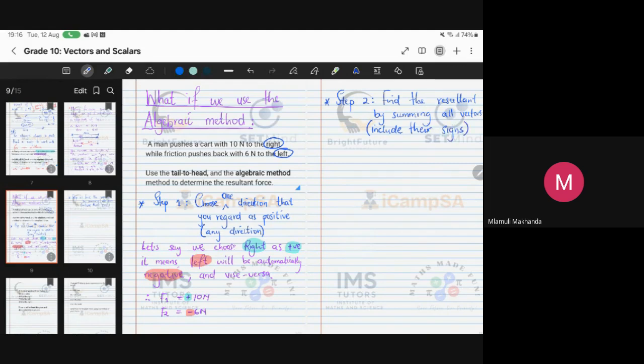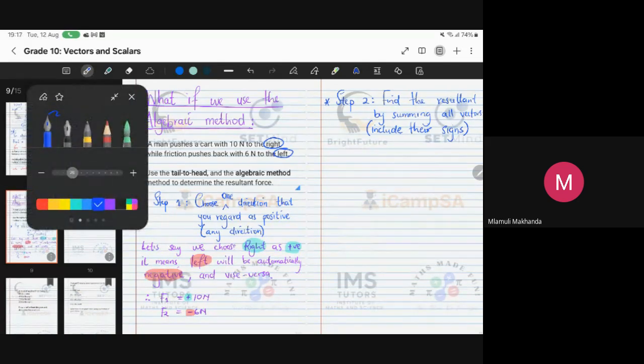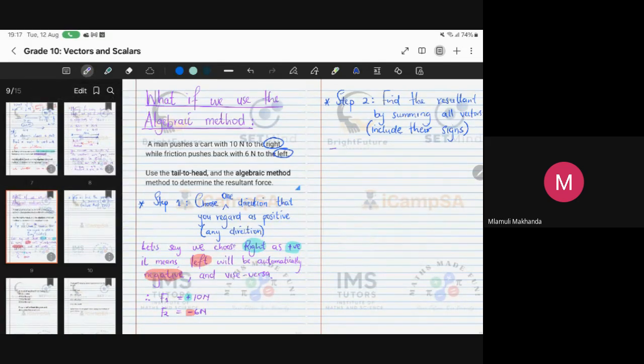So what does this mean? It means you say F resultant, if you can call it that, is equal to F1.